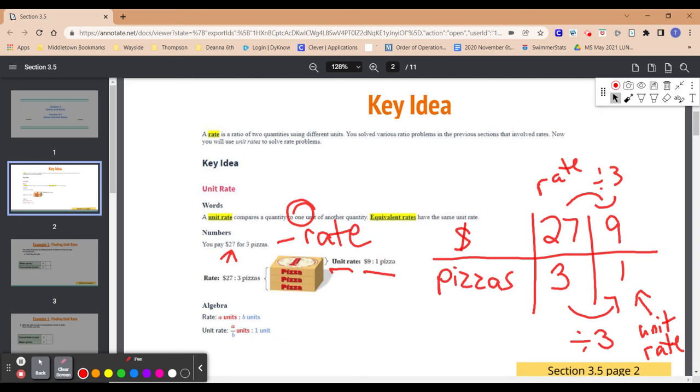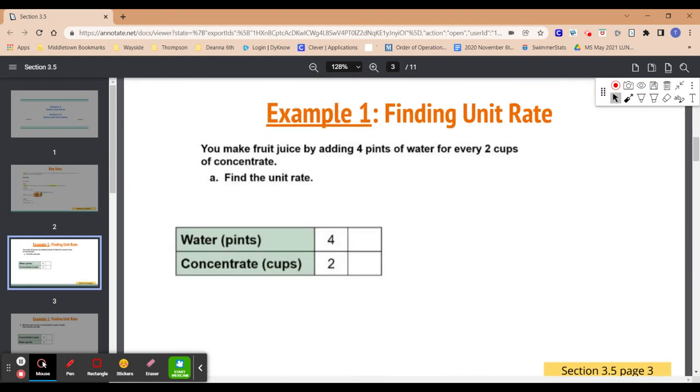Okay, so you need to know the difference between a rate and a unit rate. Unit rate will always have 1 as your denominator. For a rate, it will be every other fraction or ratio that you talk about that does not have a denominator of 1.